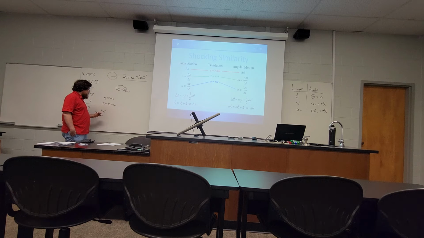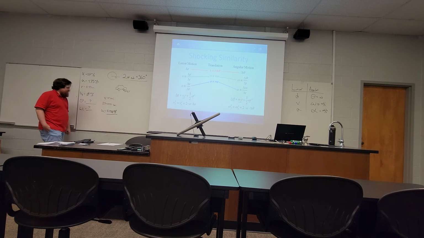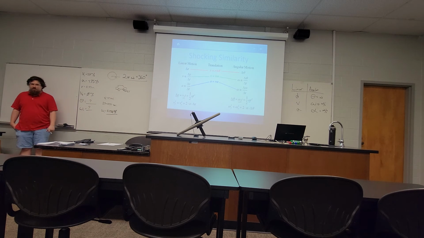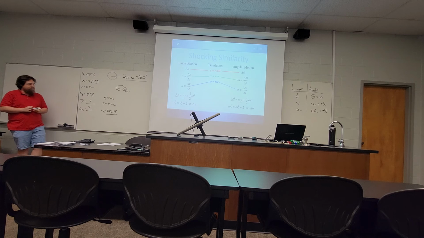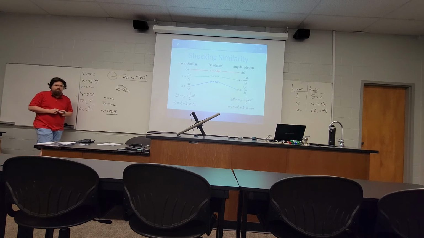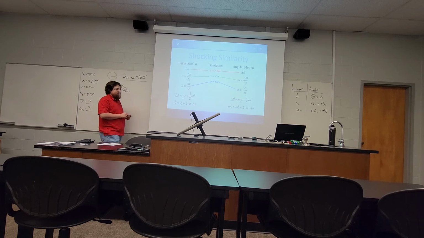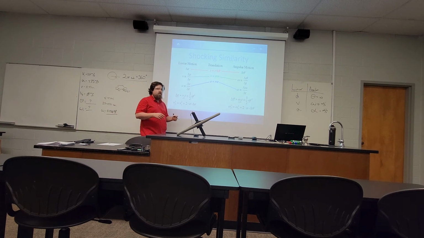Omega initial should come out to be about 87.88 rad per second, I think, if my memory serves. So as long as you know the radius of the wheel, you can directly convert linear information into its angular counterpart.